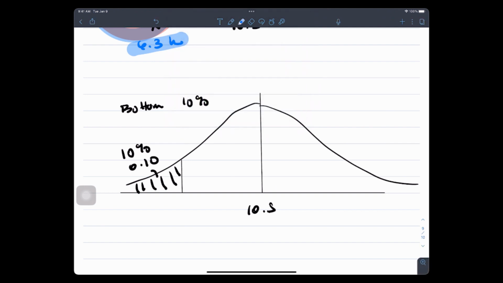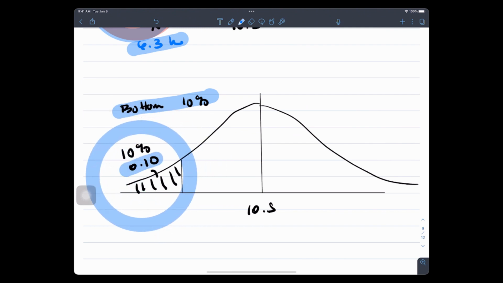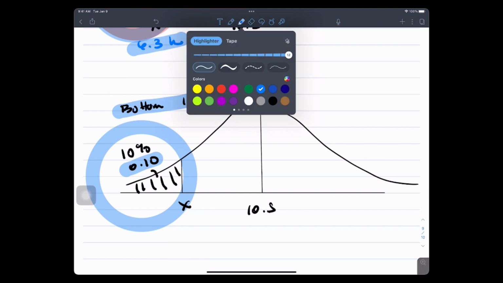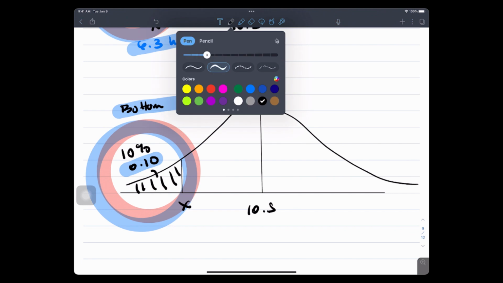The bottom is to the left. The bottom is the left tail always, to the left of the desired value we're looking for. By default, it's area to the left. That's the default.